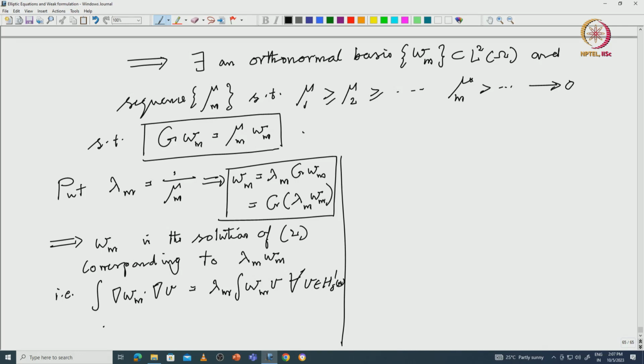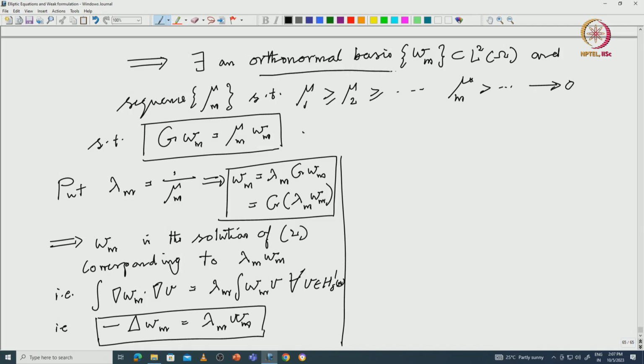That is, in the strong form, Laplacian of Wm equals lambda m Wm. So you have solved this eigenvalue problem. Recall that Wm is an orthonormal basis in L2 of omega.